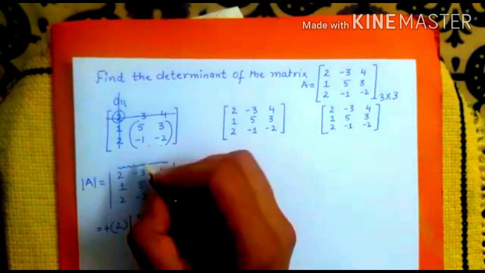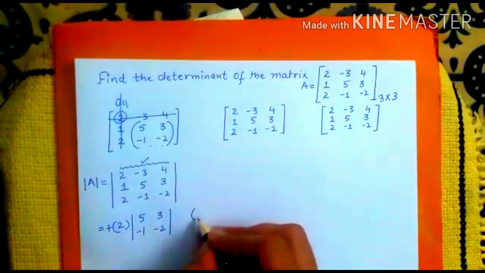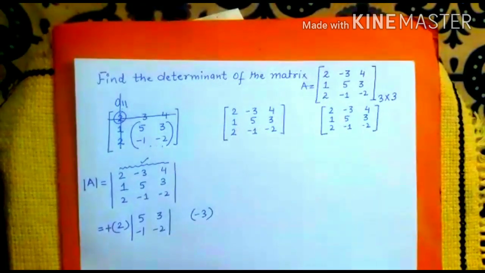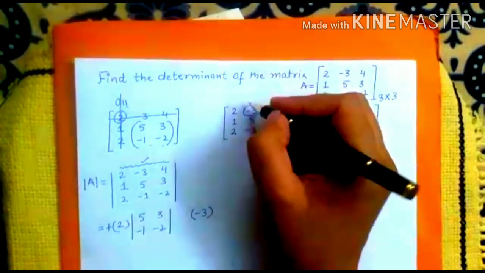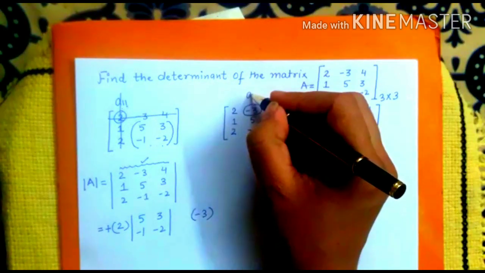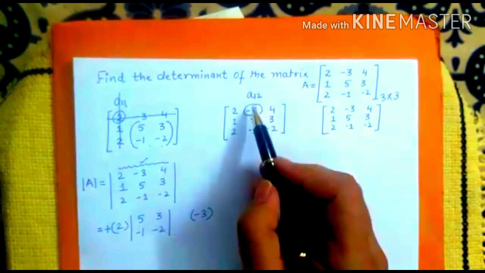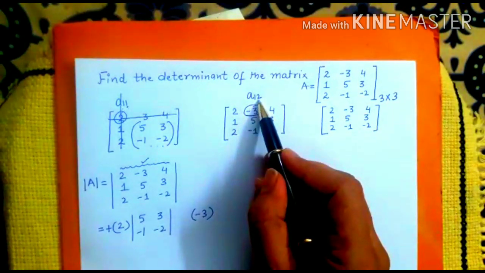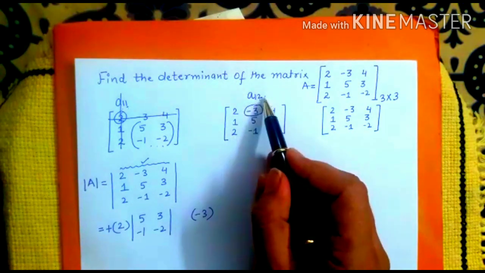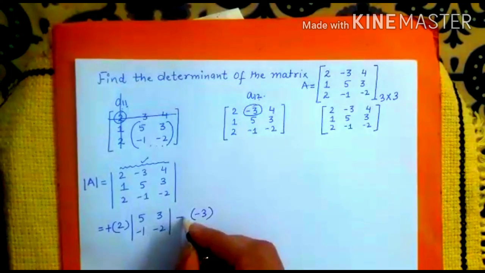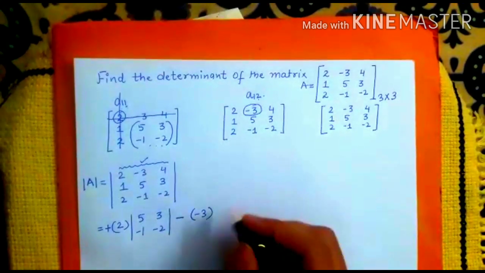Next, take the second element, which is negative of 3. Now this second element lies in the first row and the second column. So its position is A12. Here i plus j is 1 plus 2, which is 3. And 3 is an odd number. So take here negative sign.